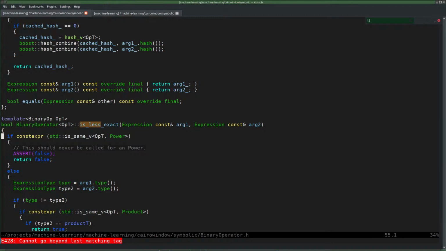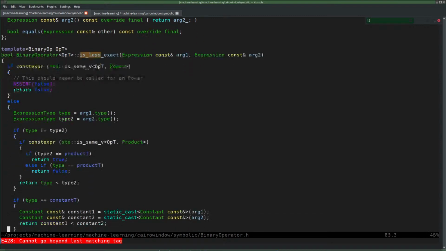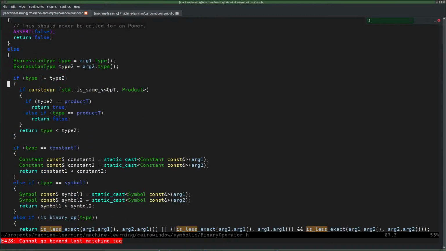Now we get here. Is it a power? No. Therefore we get here, and I get the type, which tells it that it is a symbol. Functions have a symbol as their type.